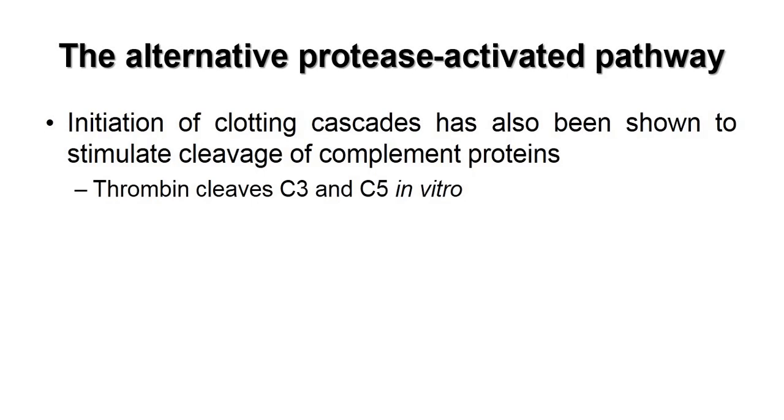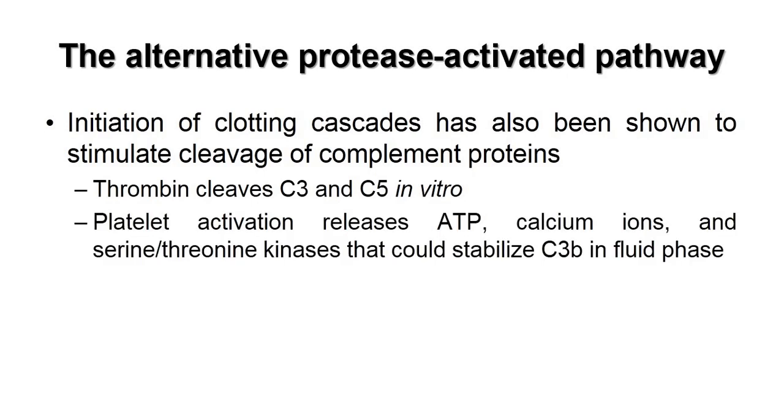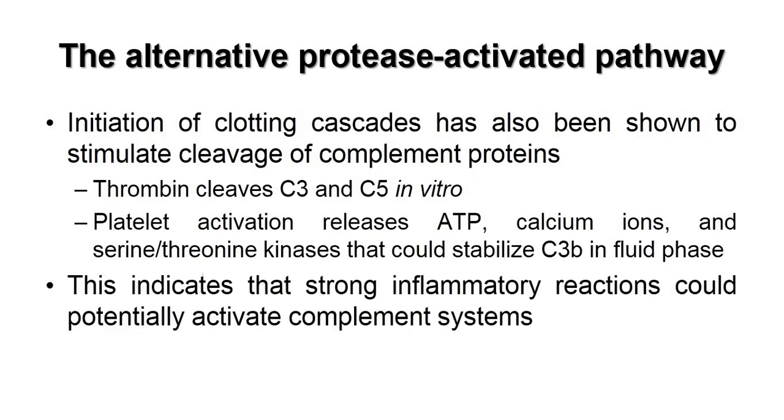So thrombin cleaves C3 and C5 in vitro. Platelet activation releases ATP, calcium ions and serine threonine kinase, and all this could stabilize C3 in the fluid phase. Since C3 and C5 are cleaved, what is the product of C3? C3a and C3b. What is the product of C5?